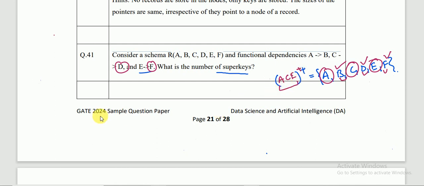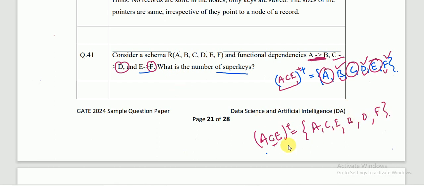If you take the closure of A, C, E, then A, C, E will be there in this set. Also A determines B, so B will be there, C determines D, so D will be there, and E determines F, so F will be there. So by getting this key, we are able to determine all of the attributes.